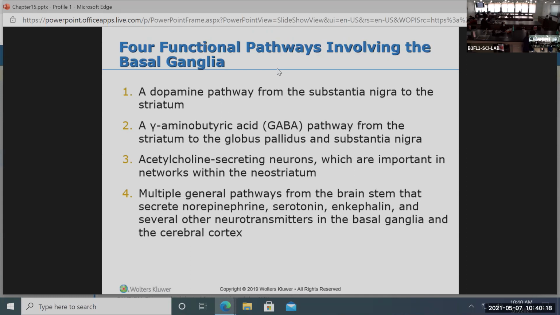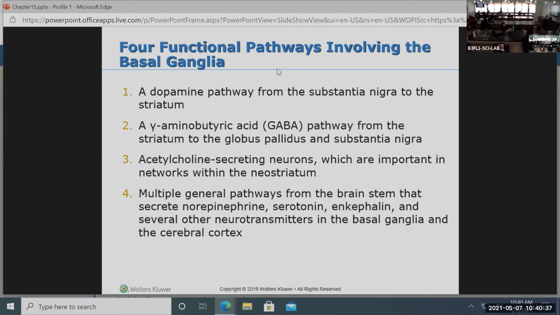Then we have multiple pathways from the brainstem that secrete epinephrine, serotonin, enkephalin, and several other neurotransmitters in the basal ganglia and the cerebral cortex.